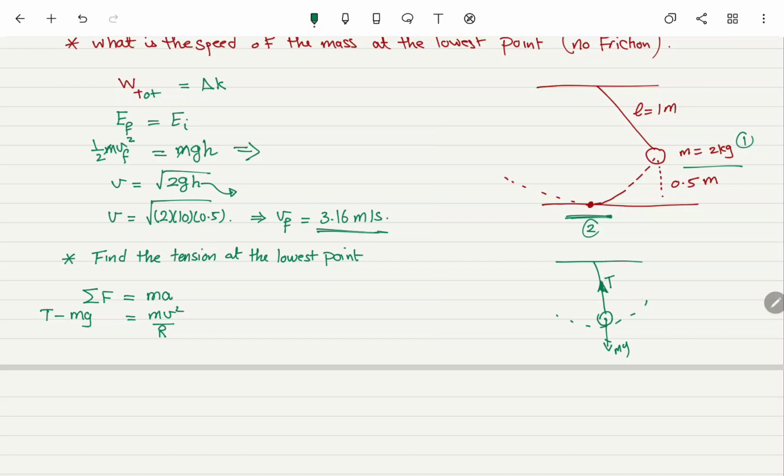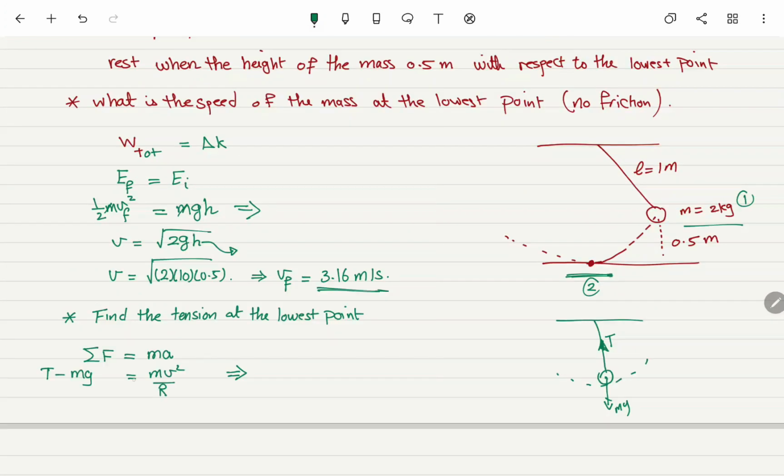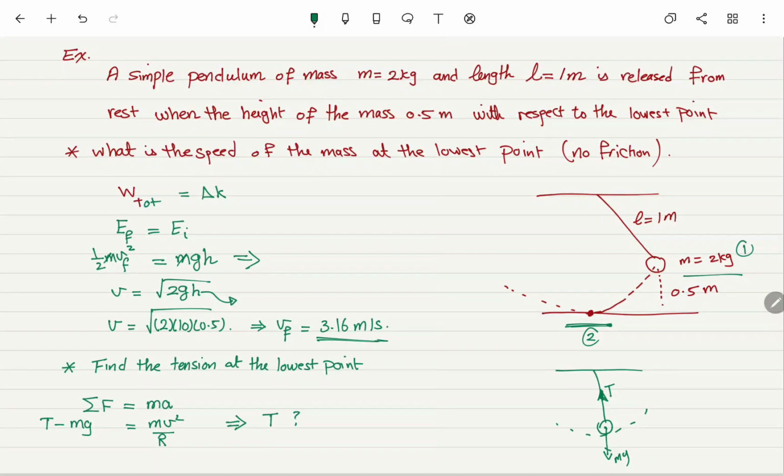You just substitute numbers here and you can find the tension. Remember, the mass equal to 2 kilograms, r equal to 1 meter, v equal to 3.16 meter per second.